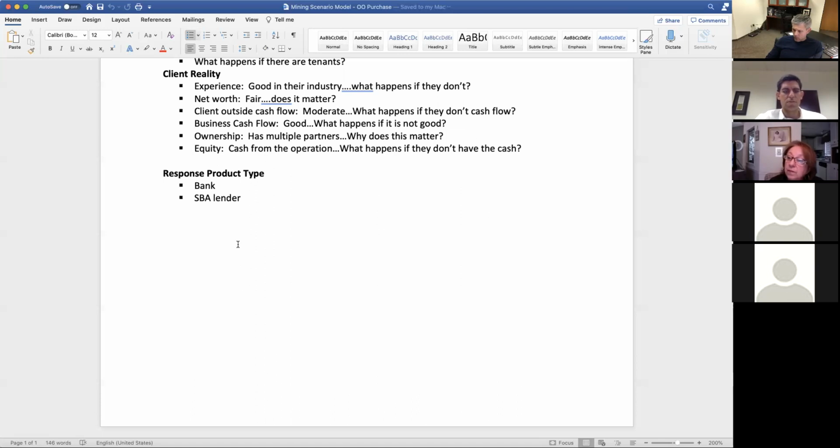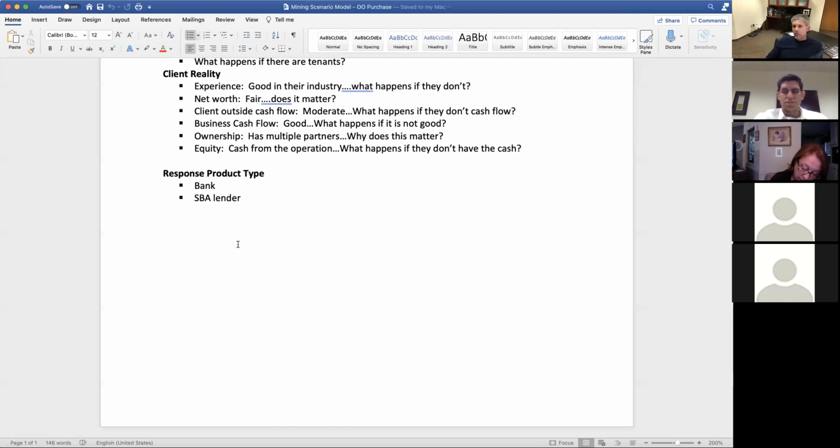The other thing is net worth. Now, to be honest with you, for an owner-occupied deal, it's not going to matter as much. Lenders aren't going to go, hey, what's your net worth? That does matter more on investment. But for owner-occupied, it's really important that you do have an idea of what they look like financially, because if they have a bunch of debt, that definitely comes into play.